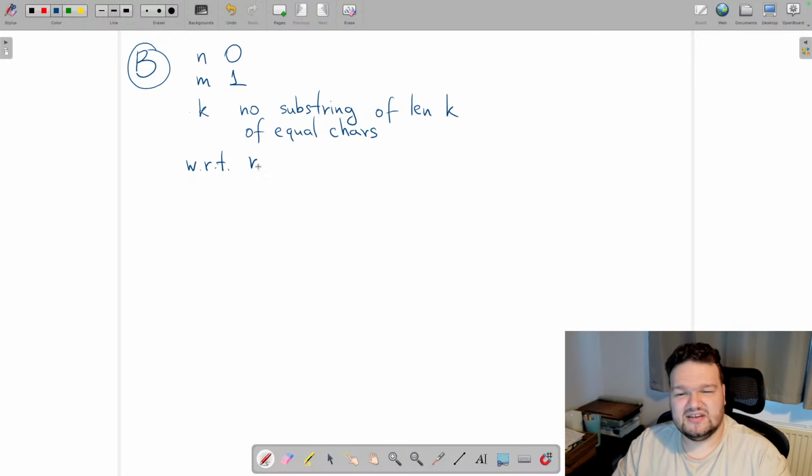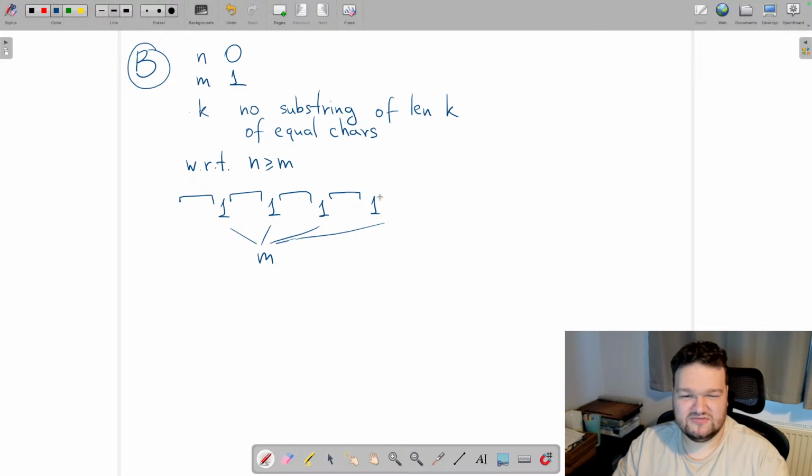Let's say that n is at least m. Then we have our m ones, and between them we want to place some zeros. But we also can place zeros before the first one and after the last one.